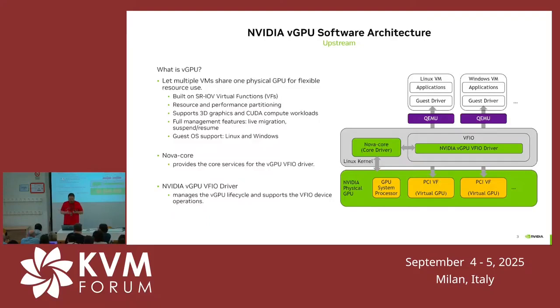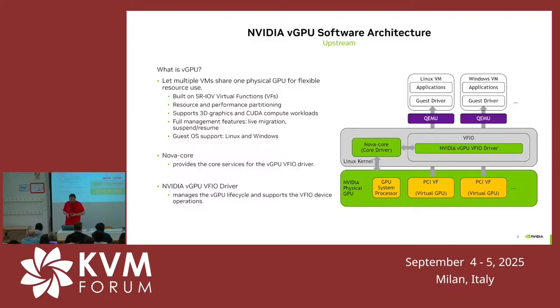It supports all kinds of workloads, 3D, CUDA, everything the physical GPU supports. And it has full management features, like live migration and VM suspend resume, which are a must-have in cloud service. The guest OS supports Windows and Linux.